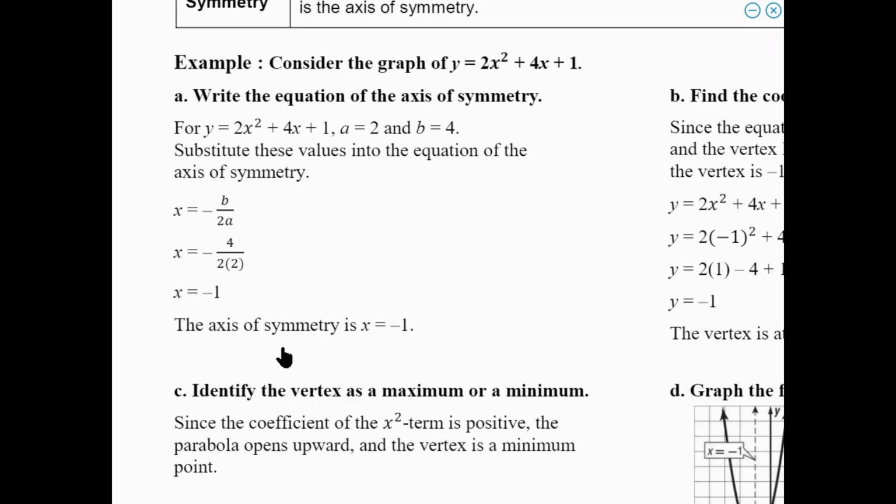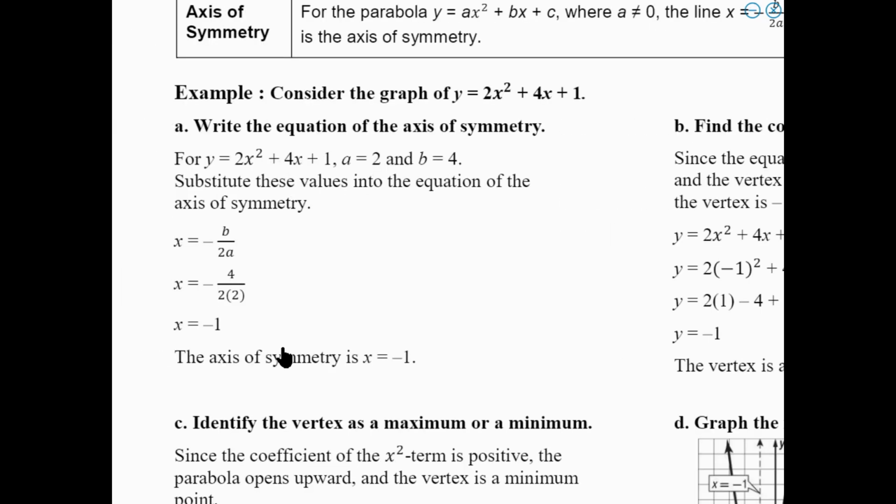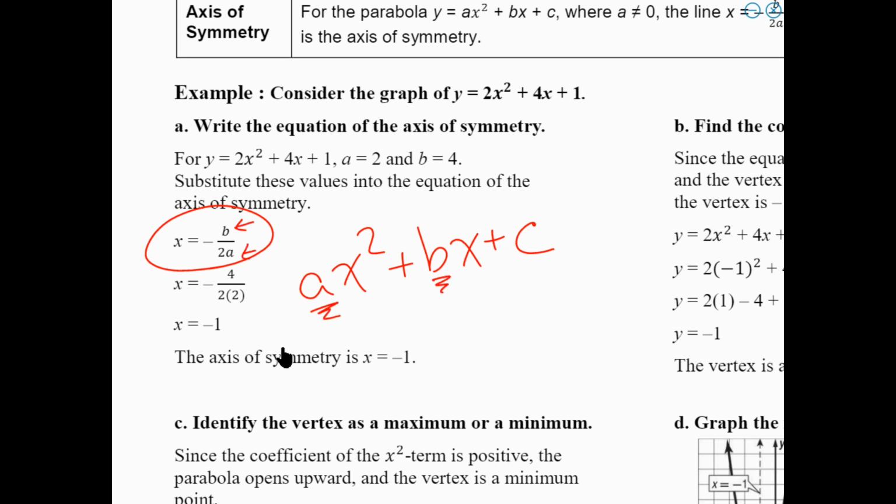I need to tell you that there is a way to do this without graphing it to know this information. It's using these formulas here. Ax squared plus bx plus c is our standard equation for a quadratic, right? That's where this b and a comes from in my formula. So if you want to find out what the axis of symmetry is without graphing it, this is the formula that you would use for it.